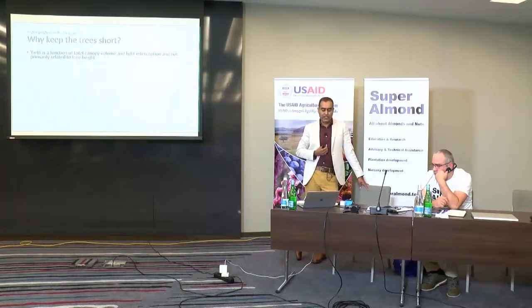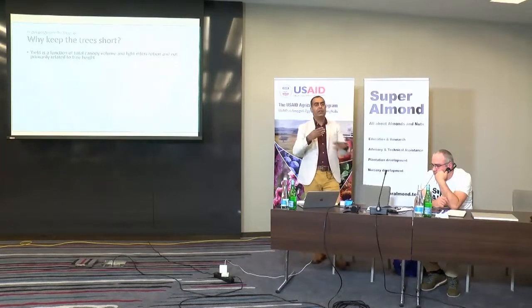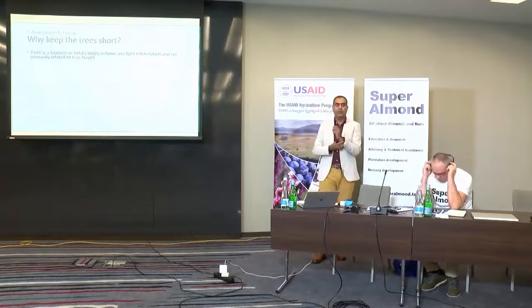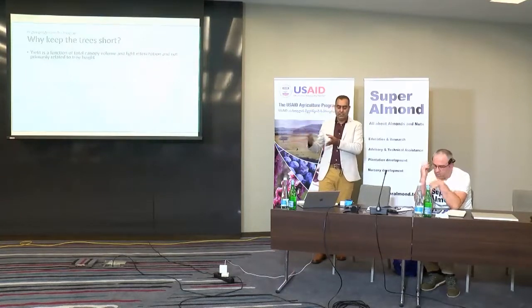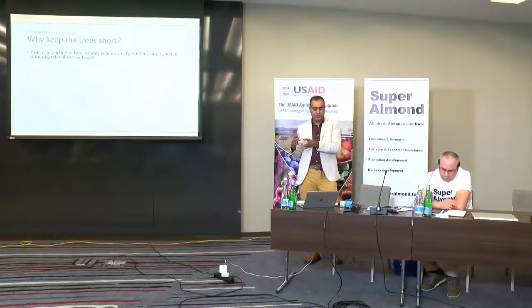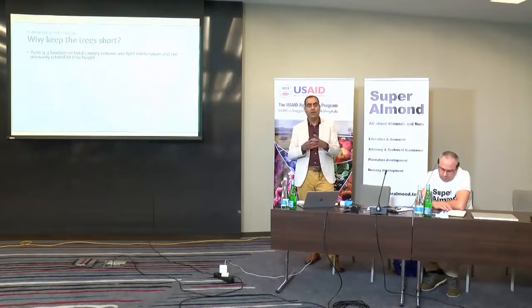So it's not that a very vigorous individual tree is going to yield twice as well as a smaller tree. It's basically on the canopy volume, how much total canopy volume is achieved.